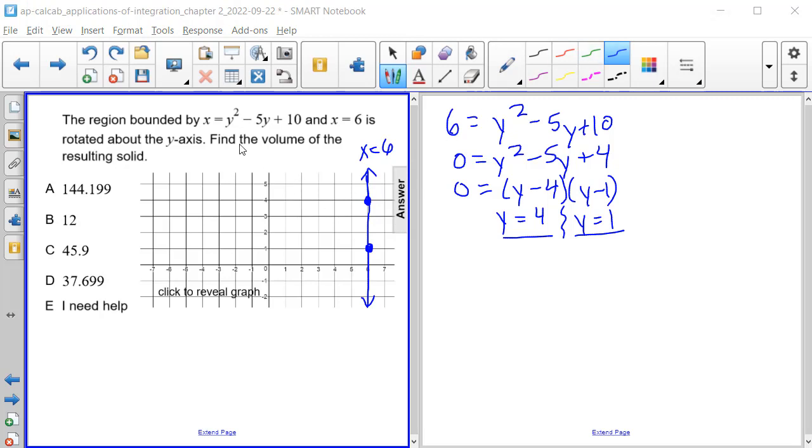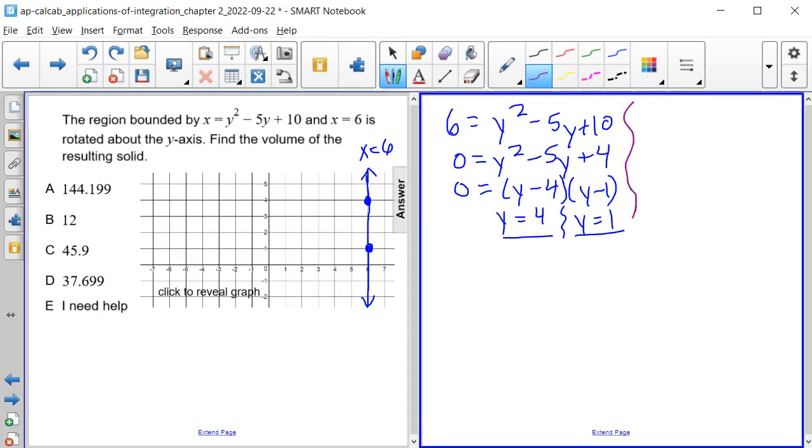So next we can find the vertex of our horizontal parabola. We can do that using the different strategies we have for parabolas. We can use negative b over 2a. So negative 5 over 2 times 1.